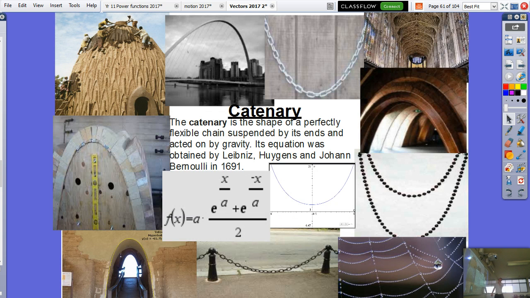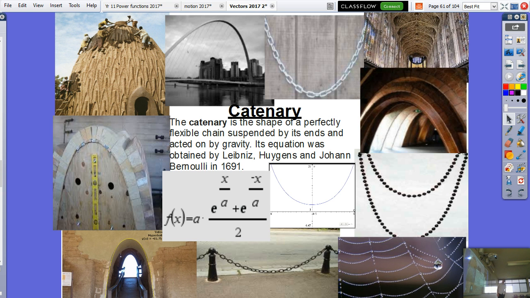Alright, so we're going to study this very interesting curve. This is a naturally occurring curve. I want you to look at the different diagrams and see how it occurs and when it's used. It looks like a parabola, doesn't it? However, it's not a parabola.